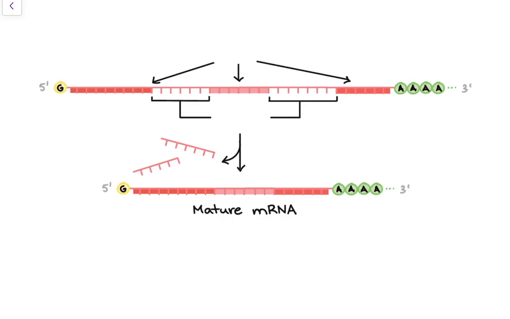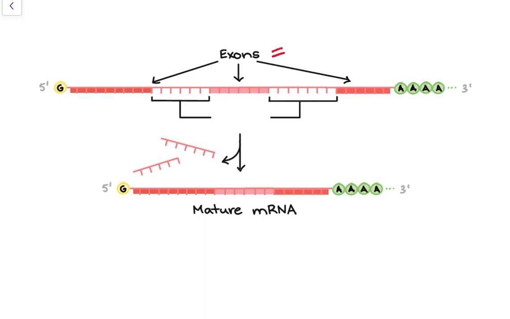If we look here, we've got some sections there which are going to be cut out. And we've got then the sticking together of the RNA to make the mature mRNA. The regions which we want, the ones which are in the red and the faded red, are called exons.